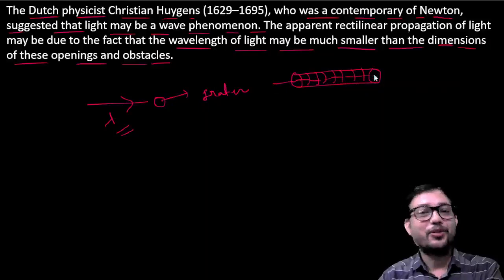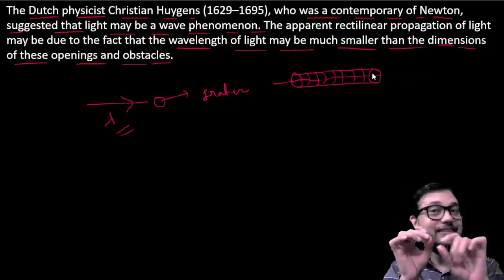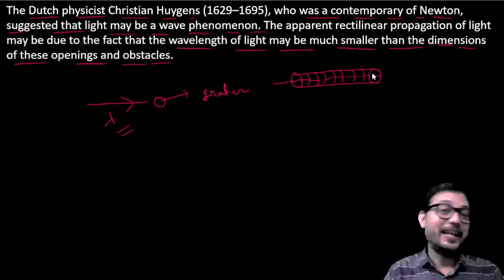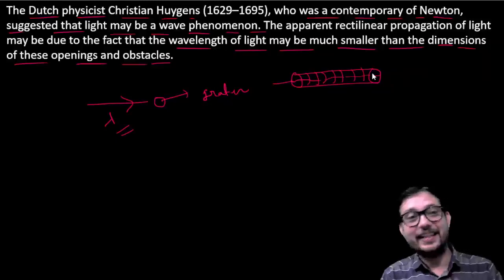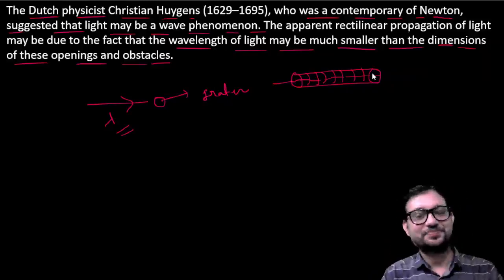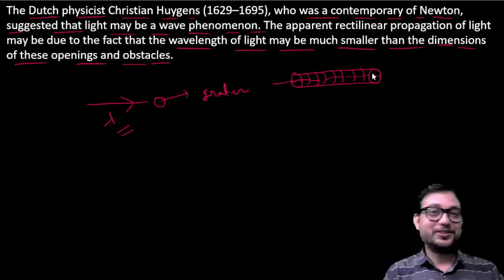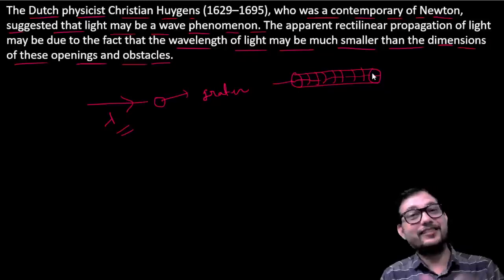Although it is a wave, it travels inside a pipe, so it seems that light travels in a straight line. That is the suggestion of Huygens. So a wave also can travel in a straight line if it travels through a pipe.